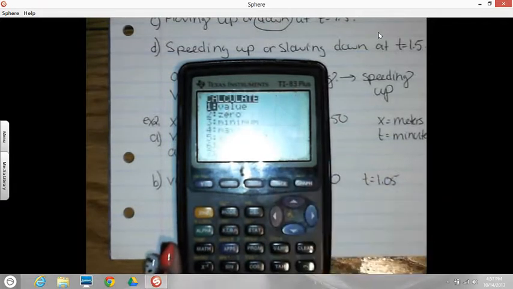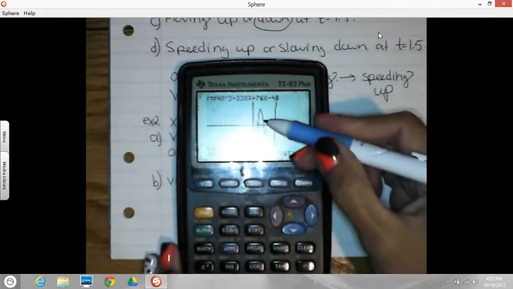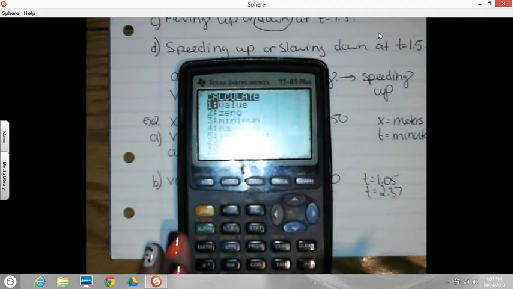So let's start over again. Second calc, 0. I'm going for this one to be left of it. I've got to be above it. Enter. Now I'll get below it. Slide back. 2.37. And then the last one's over there. Second calc, 0.